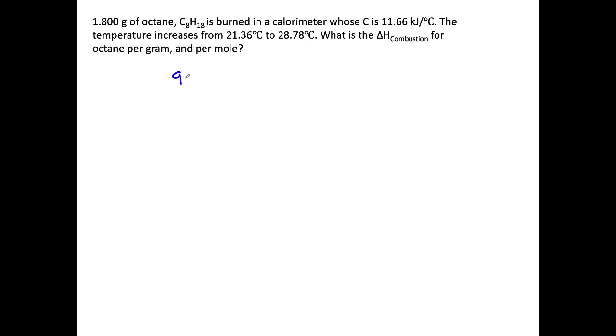All right, just like the last problem, Q is going to equal big C times delta T. So the heat involved, we're going to take the calorimeter constant, 11.66 kilojoules per degree C. That's our calorimeter constant.